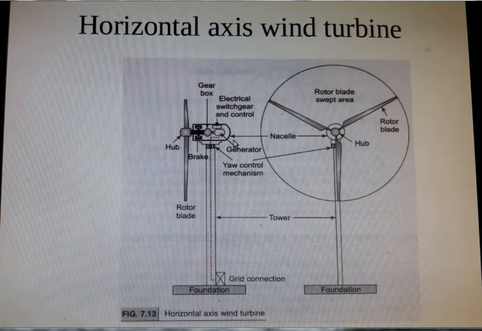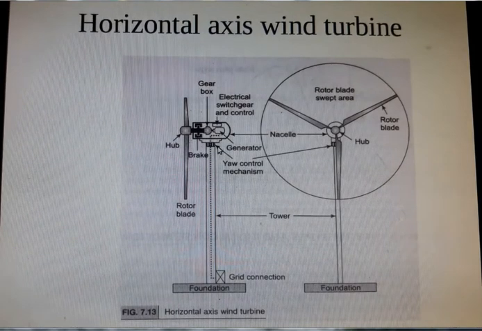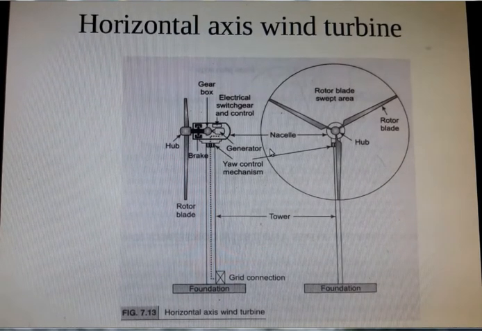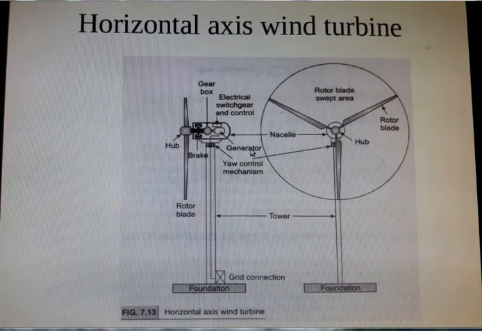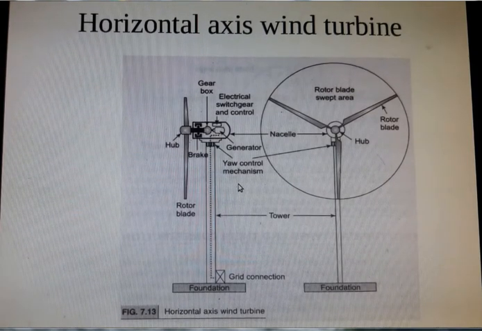The same casing also has the generator. So the casing is called the nacelle, and since this nacelle is in a horizontal position, this wind turbine is called a horizontal axis wind turbine.